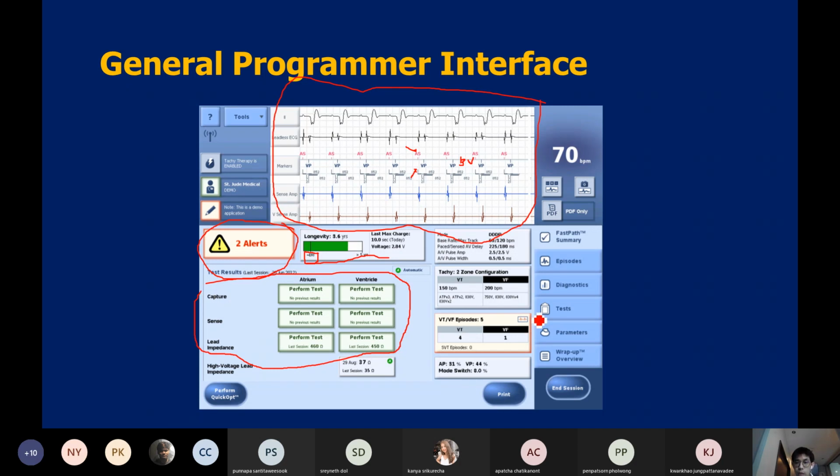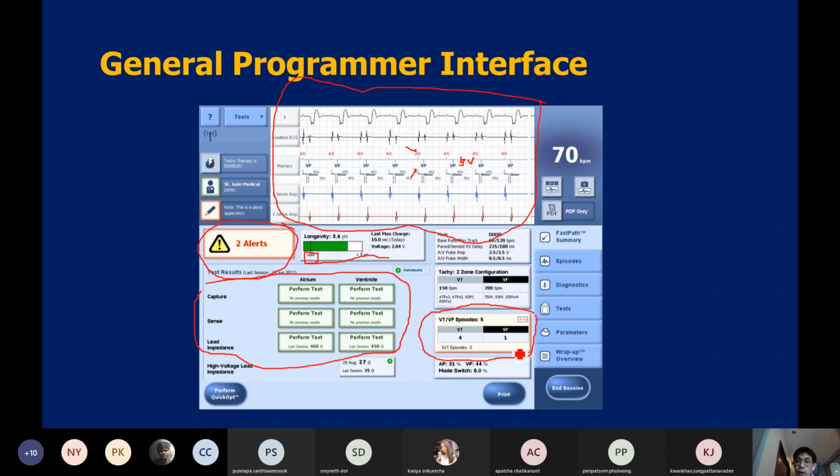And here again, you see the VT and VF episodes. This tells you that the patient has experienced VT or VF. If you go inside this window, you will see the event, all the electrograms and all the details. Okay, so this is just an example of the programmer of an ICD.